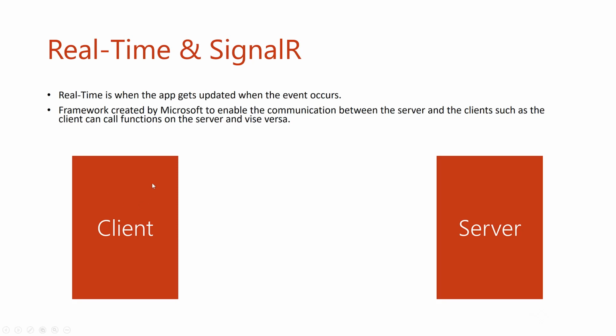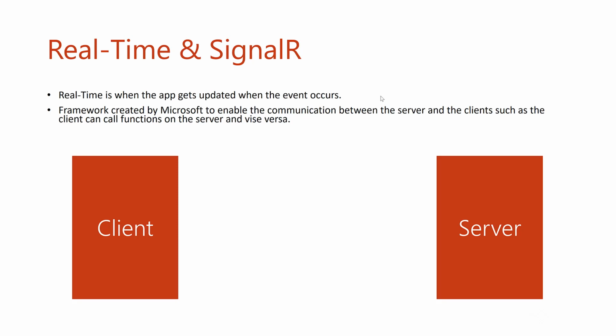As I've said, it enables communication between the server and the client. As you know, a client can simply call functions existing on the server. For example, if the server is an API, from the client you can simply send an HTTP request. But with SignalR, even the server can call the clients, can tell the client to run a function.